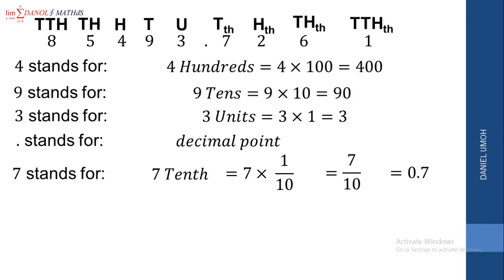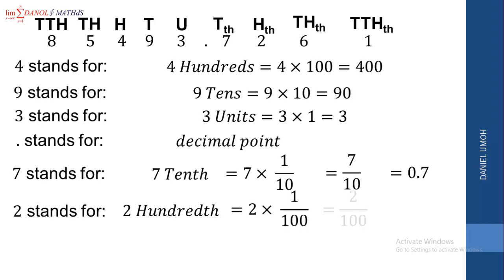So 7 there stands for 0.7. So the next one is 2. 2 stands for 2/100, because it is placed under the hundredth position, and that gives us 2 times 1 over 100, which is 2 over 100. So 2 over 100 gives us 0.02. I hope you are getting along with me.